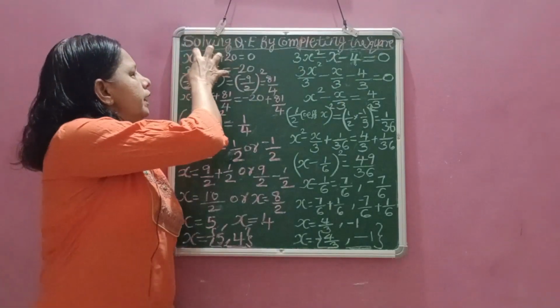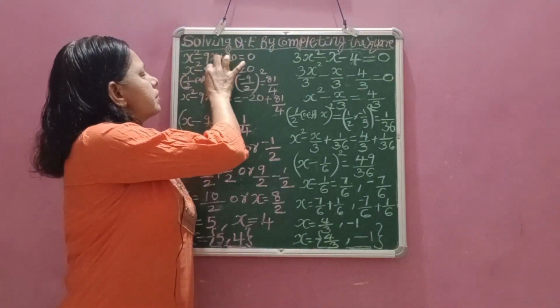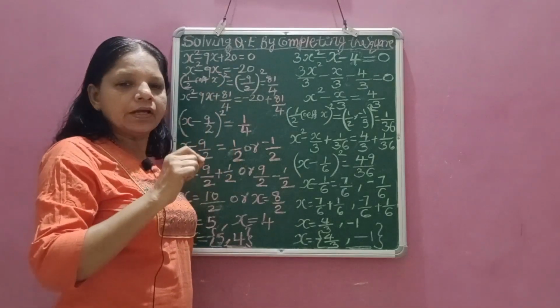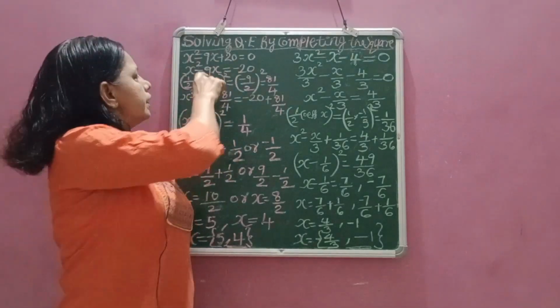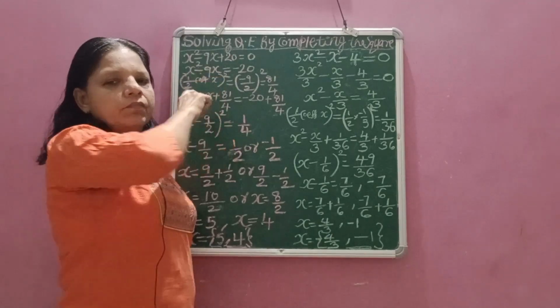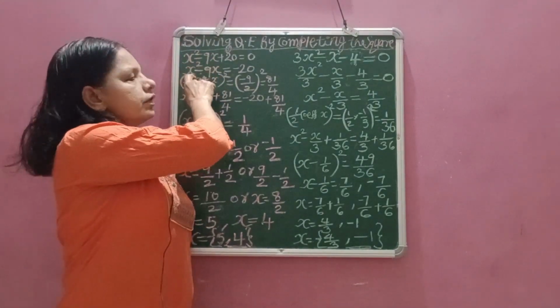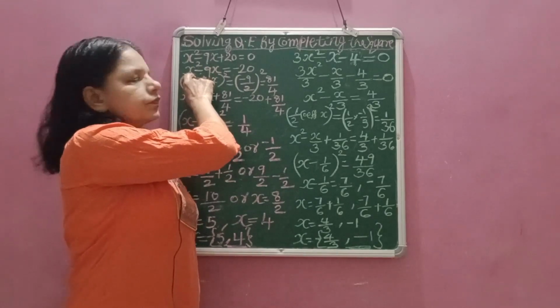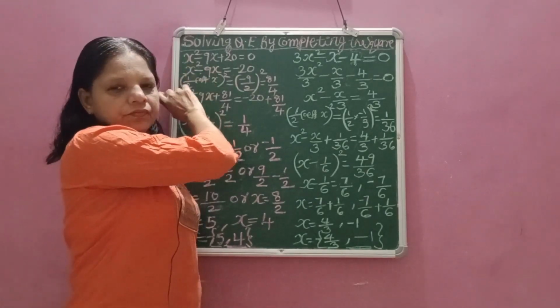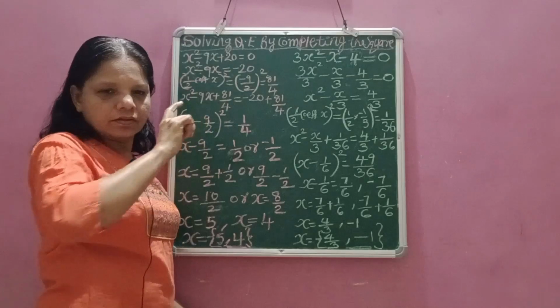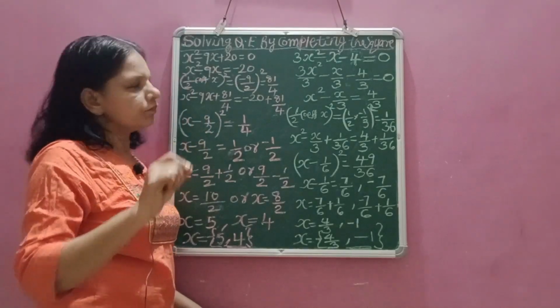You have to make x square minus 9x into the form a square minus 2ab plus b square, with a minus sign in the middle. A square is understood; that is x square. The value of a is x.